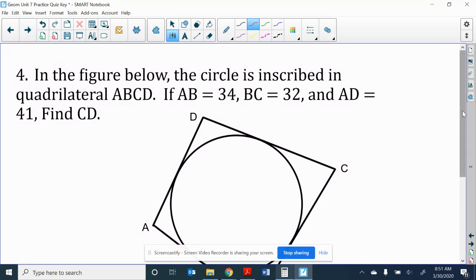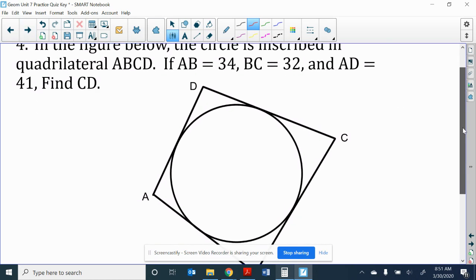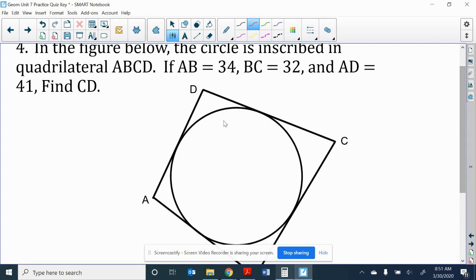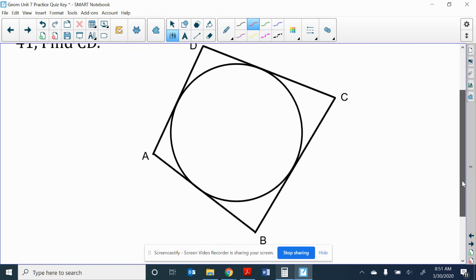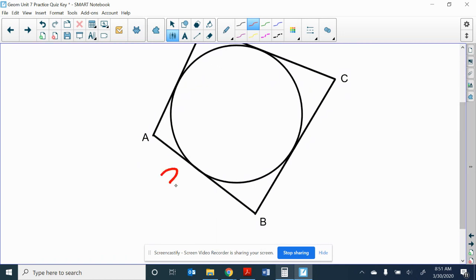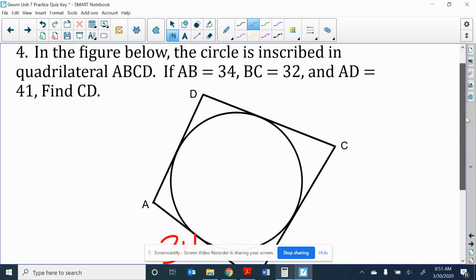Okay, it's a walk-around problem, and there is a shortcut to the walk-around problems. The opposite sides of the quadrilateral have to add up to the same thing. So if AB is 34, and DC is what we're looking for, let's find out what the opposite side should add up to.